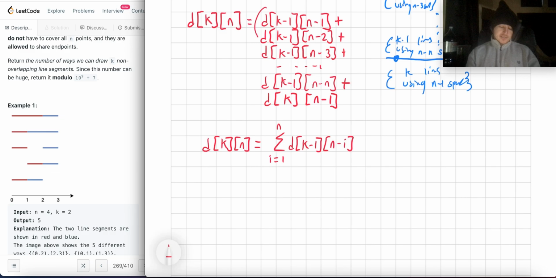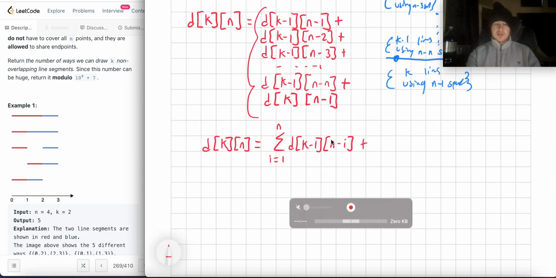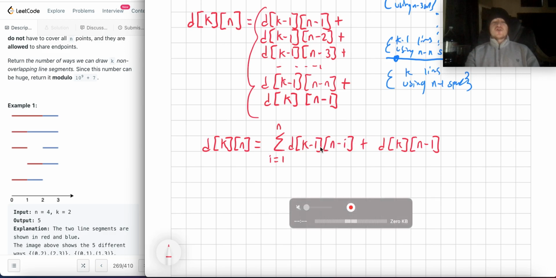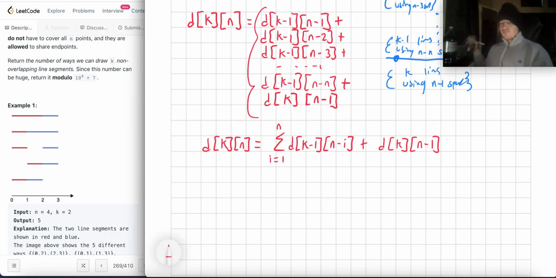Right, so that addresses this sum here, because this sum has a very natural progression, plus one term on its own, d of k of n minus 1. So this is basically saying all the ways that I can distribute one line in its length, plus not distributing a line at all and just not using this space. Okay, cool.